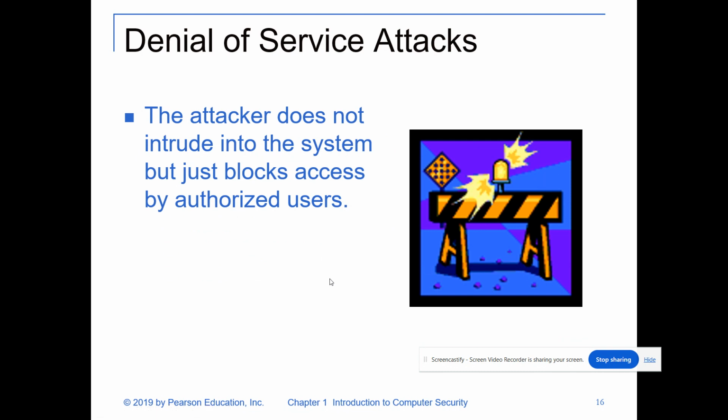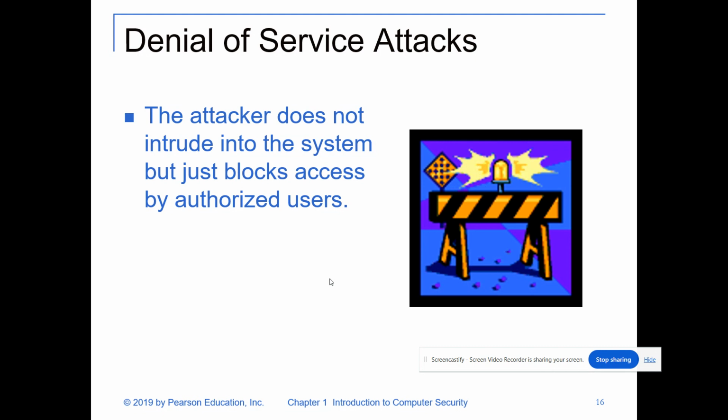In a denial of service attack, the attacker does not actually intrude into the system, but just blocks access from authorized users. And so as a business, it keeps your customers from purchasing on your website, denying you sales. It keeps your employees from purchasing e-tickets to a trade show, making them use a travel agent, which costs more money than you had planned.